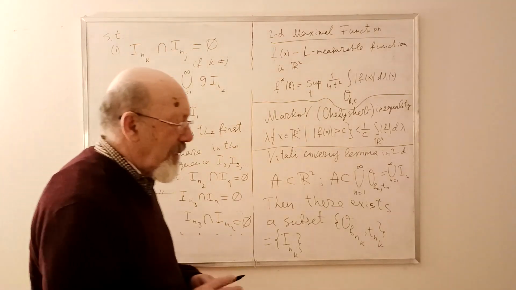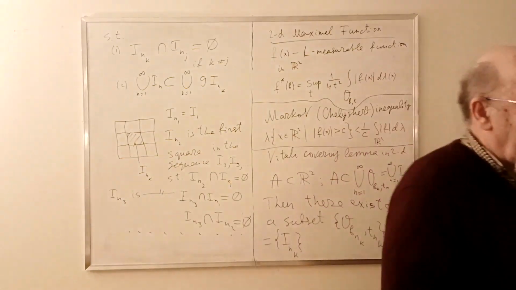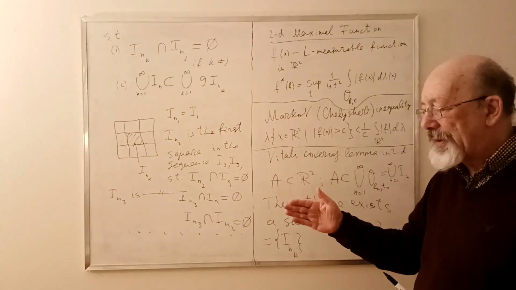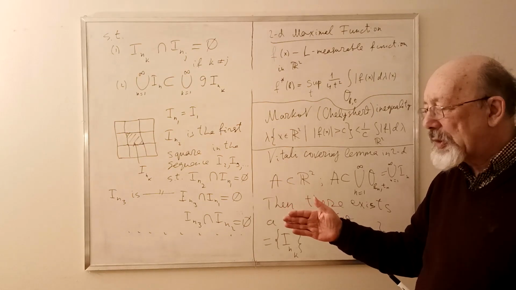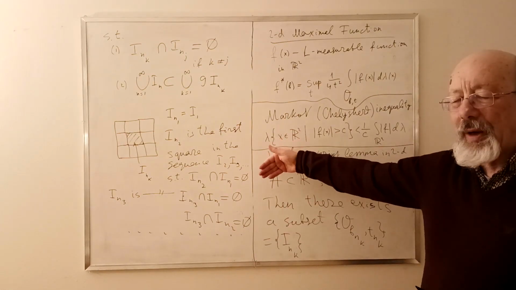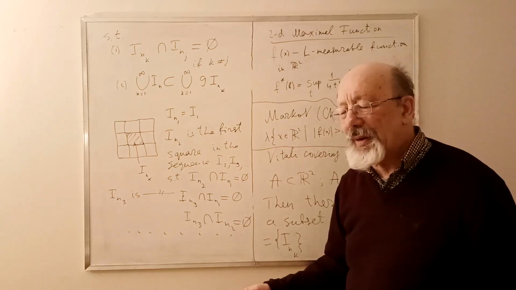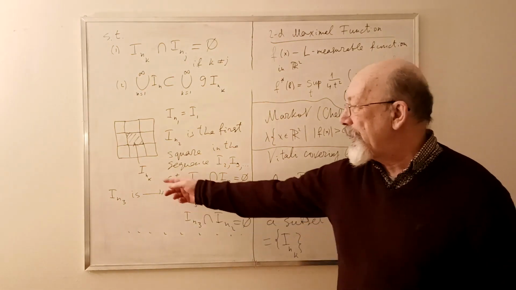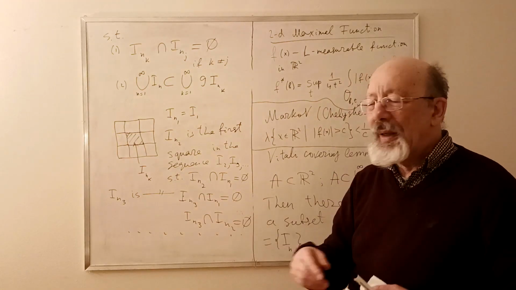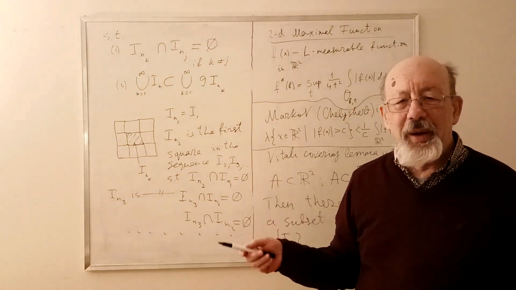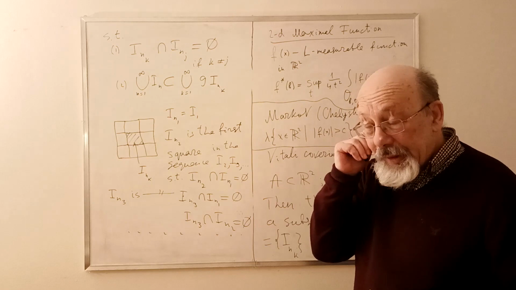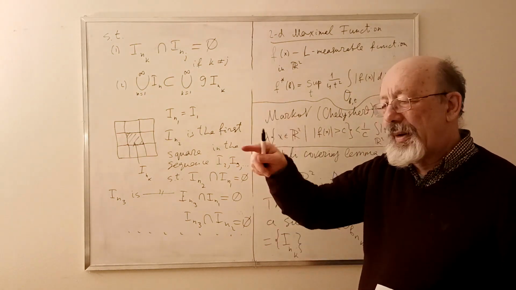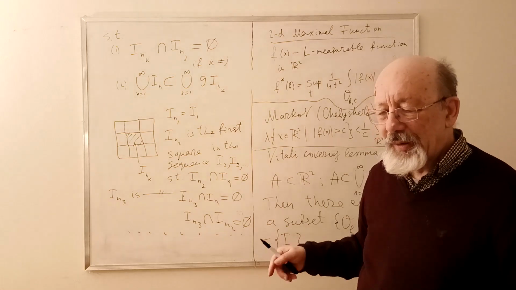And now either at some place this process stops, so all further squares have intersection with one of the previously chosen squares In1, In2, and so on, or it happens that we have an infinite sequence of these squares.